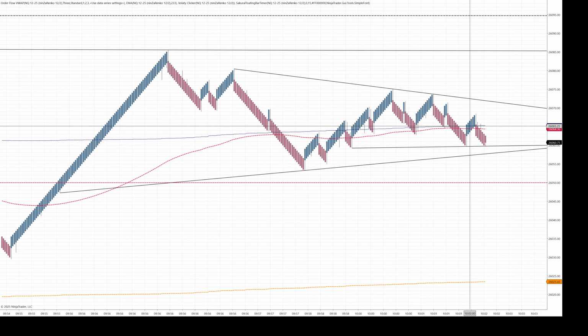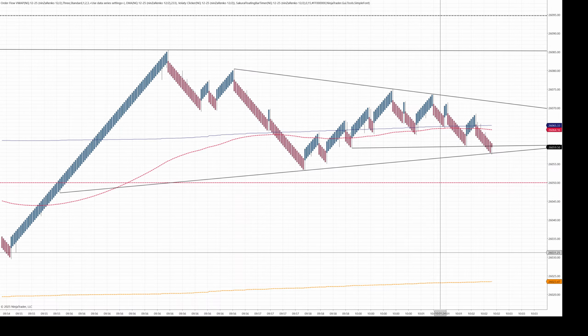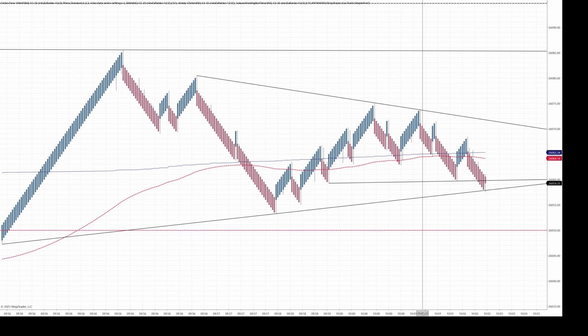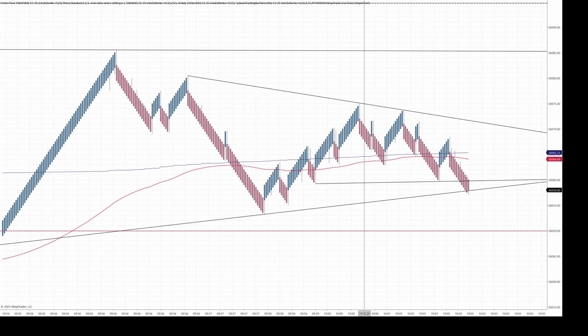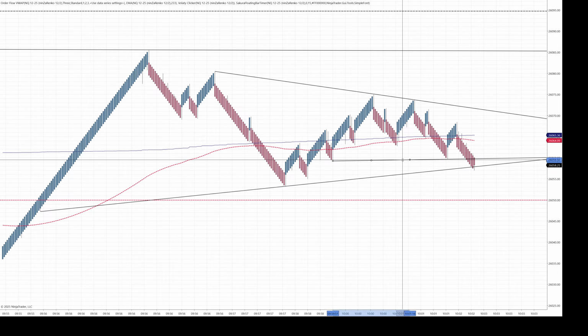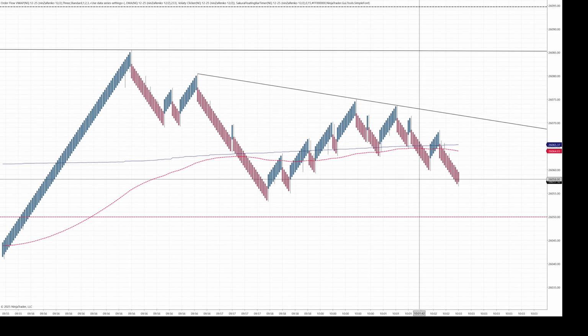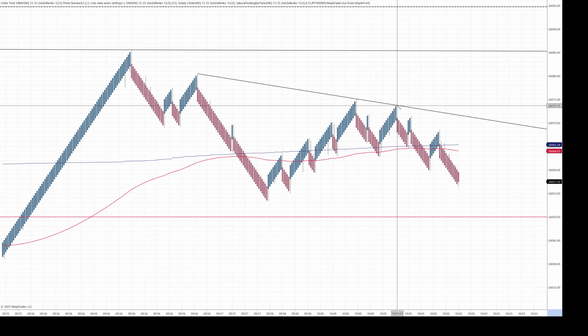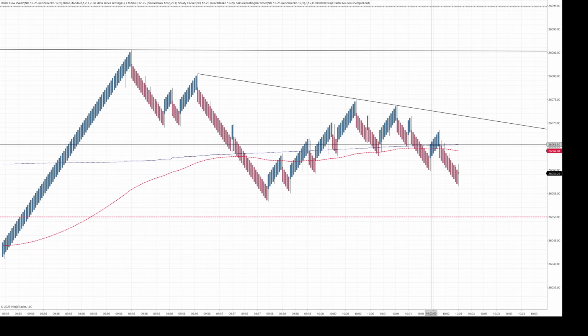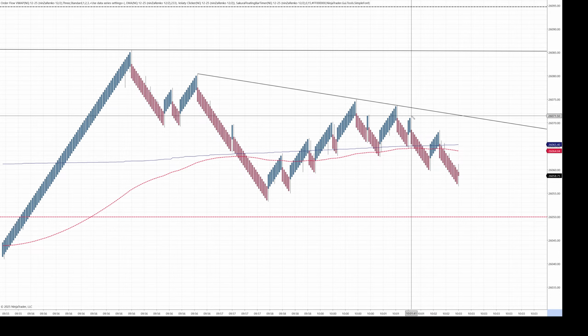And this trade would have almost stopped you out here. So yeah, it would have stopped you out right there. So it's just a good way to also be very selective about the types of trades you are getting into. It helps, it prevents over trading, and it prevents lower quality setups as well.